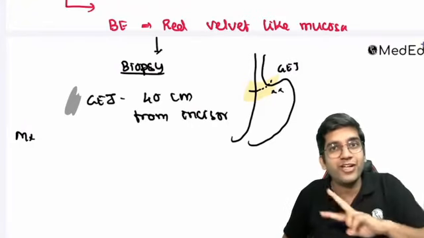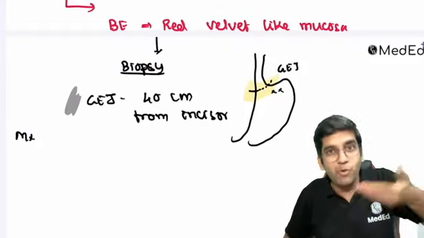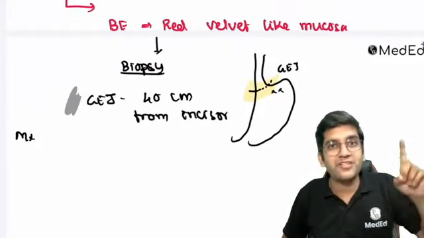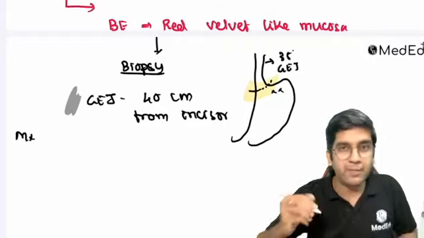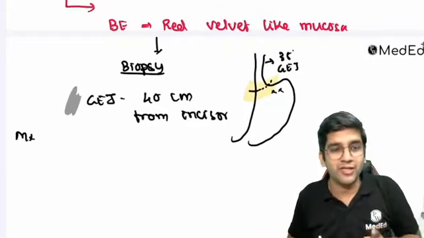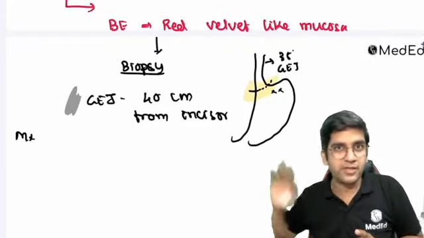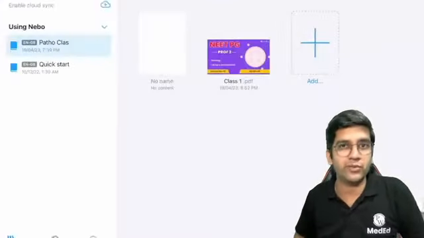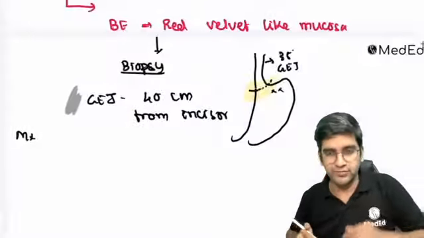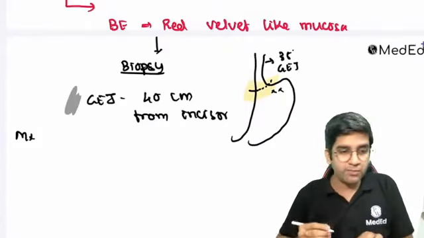When you see the red velvety mucosa above 40 centimeters, it means it is Barrett's. Let's say at around 35 centimeters I have red mucosa, abnormal. In an adult, only at 40 centimeters from the incisors will the GE junction come.